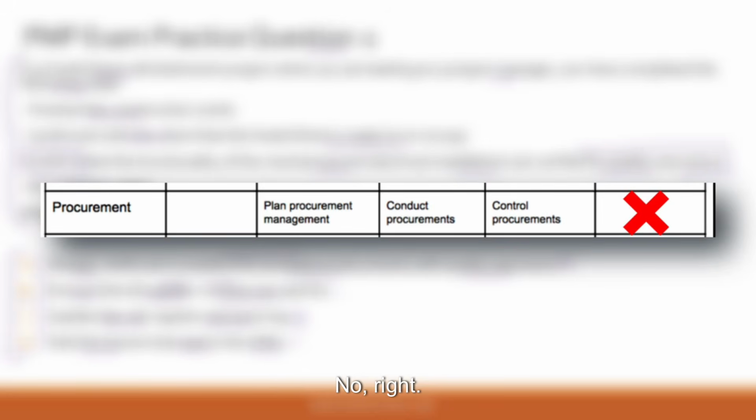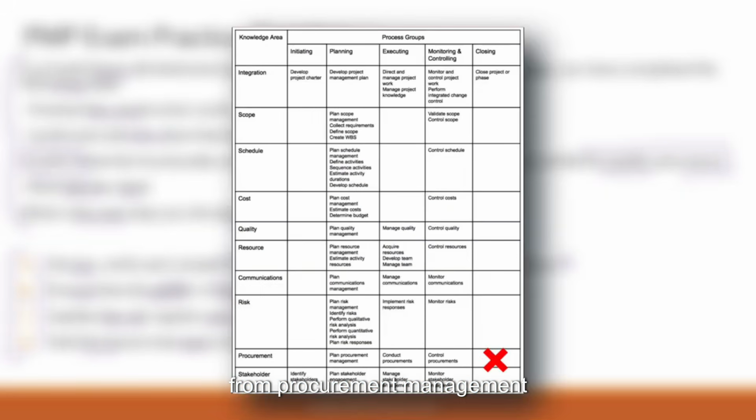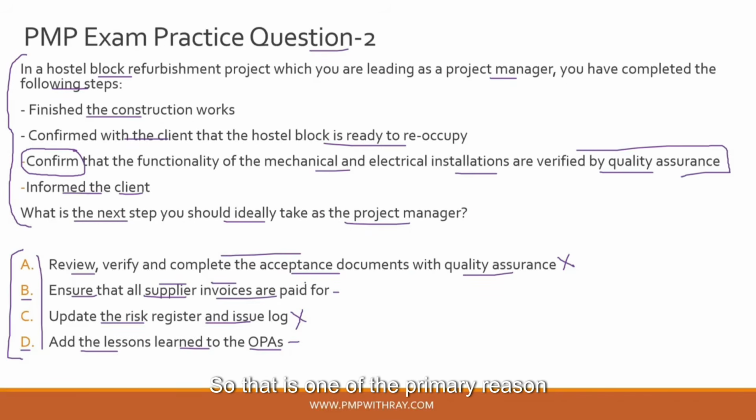Okay, no, right? So there are no activities from procurement management that are performed as part of the closeout stage of the project as per PMBOK guidelines. So that is one of the primary reasons why this option does not gel quite well with the scenario that has been provided as part of the question stem.